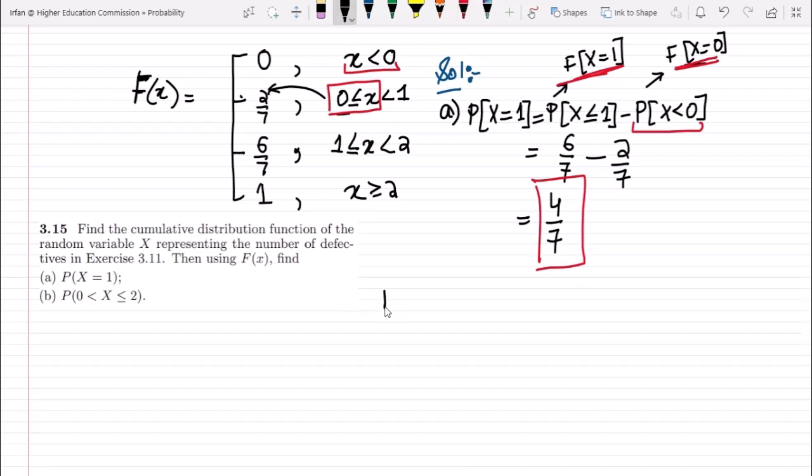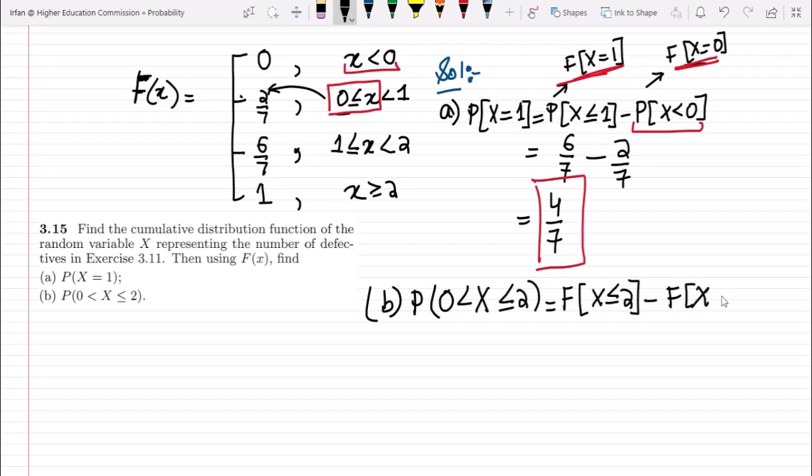Now, similarly, the solution of part B: the probability that capital X is greater than 0 and less than or equal to 2. Now we have defined two limits, and in order to find the probability in these two regions, I have to write the value of F at X less than or equal to 2, which is the higher region, minus the probability at X greater than 0.